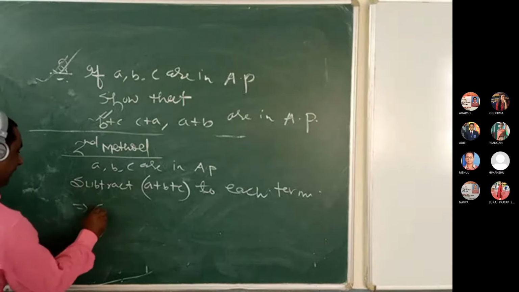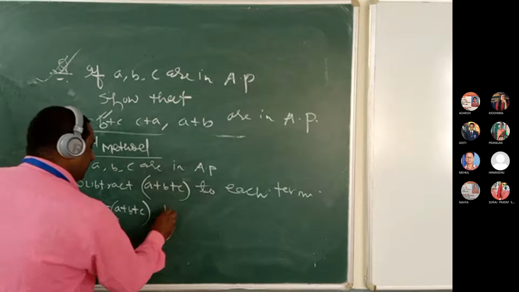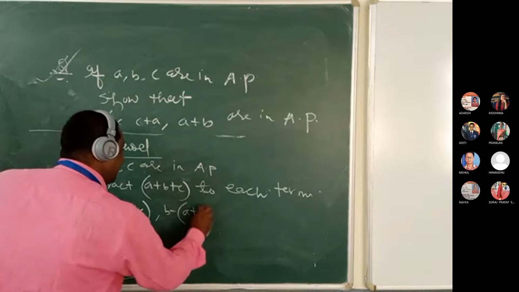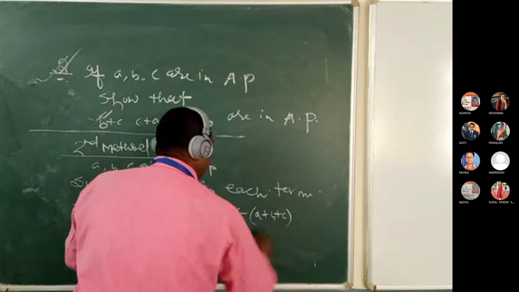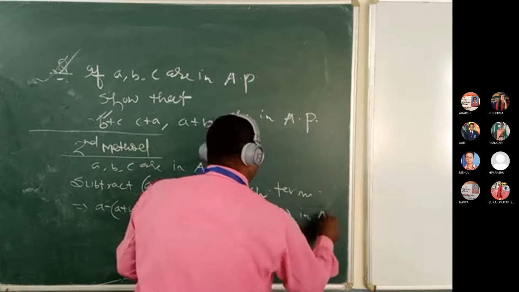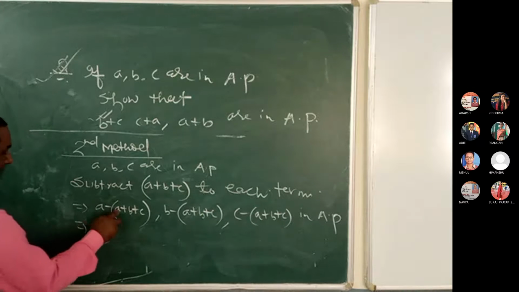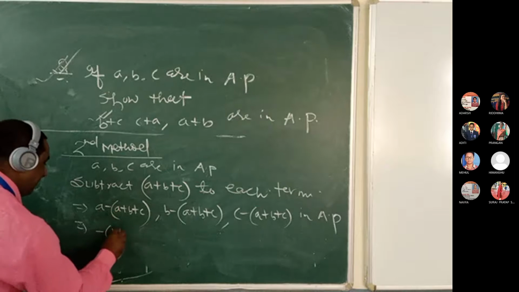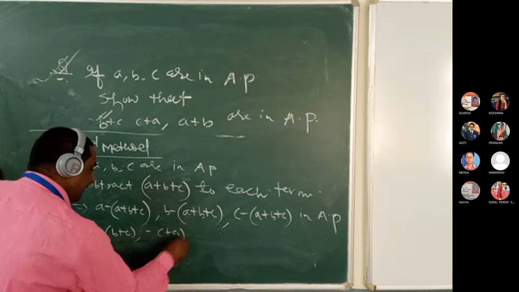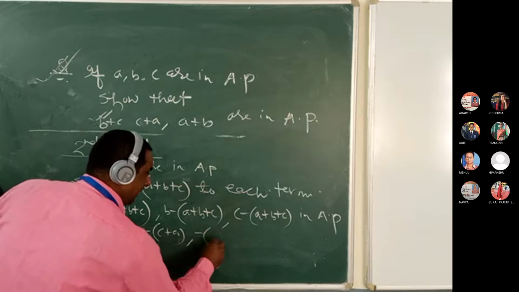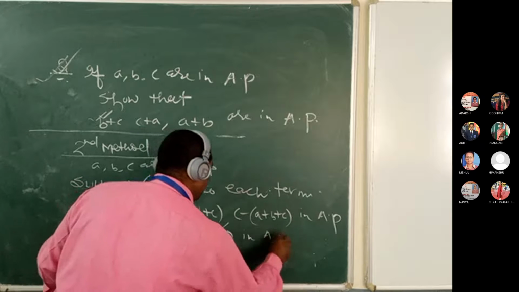So what we write here is A minus (A plus B plus C), B minus (A plus B plus C), C minus (A plus B plus C) in AP. After that, A cancels out. So this is minus (B plus C), minus (C plus A), and minus (A plus B) in AP.